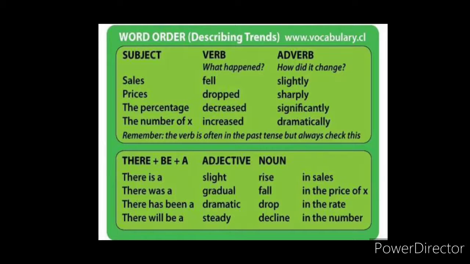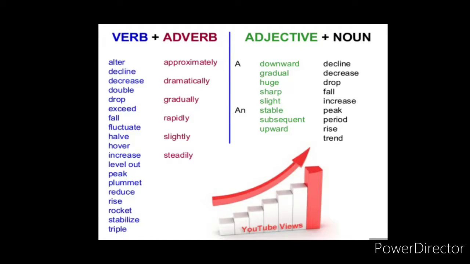Then there plus be plus a noun: there is a slight rise in sales. There was a gradual fall in the price of something. There has been a dramatic drop in the rate. So what are you saying? You have to write that, because now you have analyzed the trend, you're describing it. So this is how you can describe it, right?